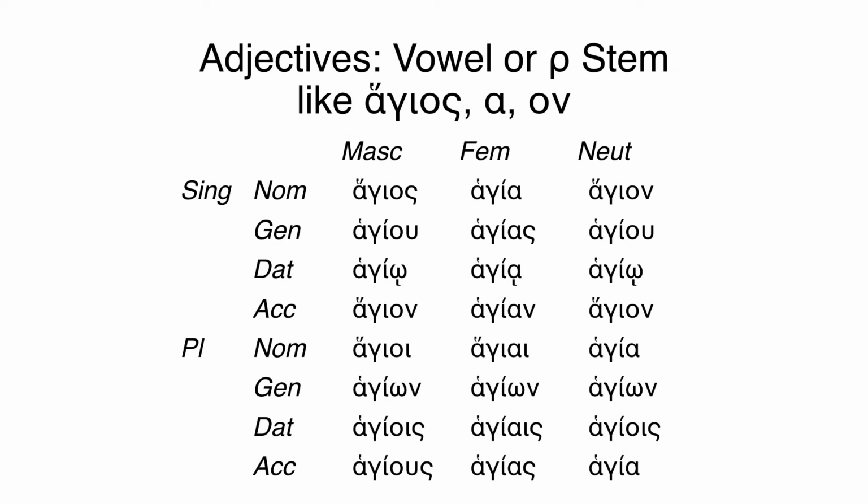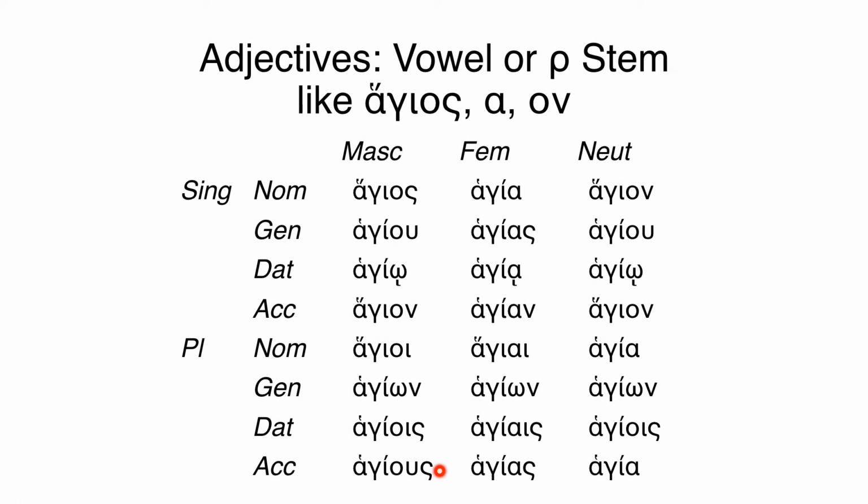Let's look at these forms. The masculine column first. Hagios, hagiu, hagio, hagion, hagii, hagion, hagiis, hagius. That's using a modern pronunciation. Using Erasmian, hagios, hagiu, hagio, hagion, hagioi, hagion, hagiois, hagius.